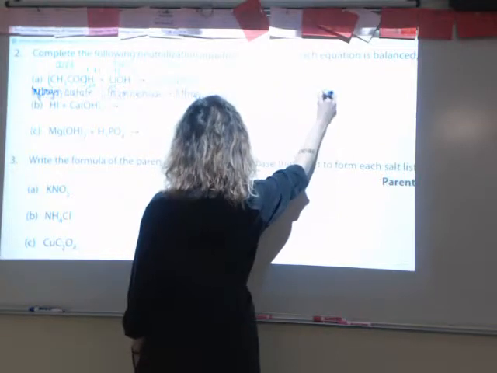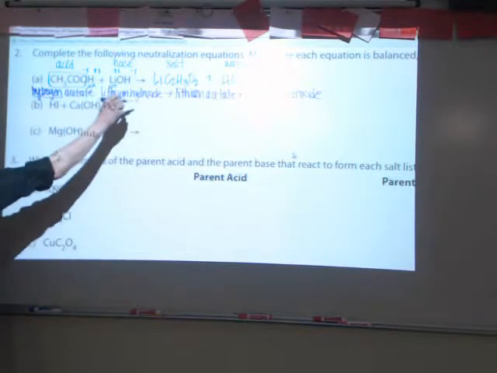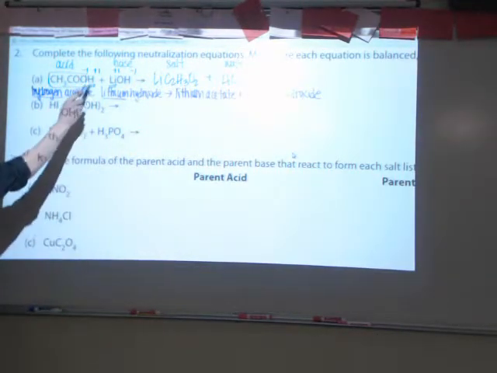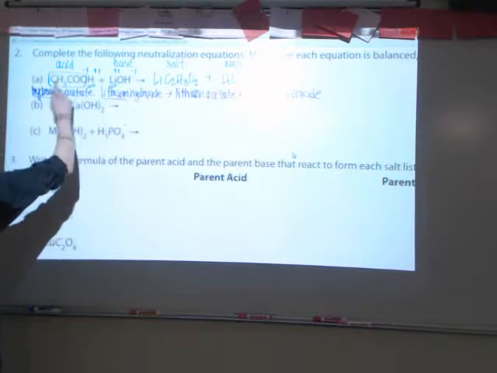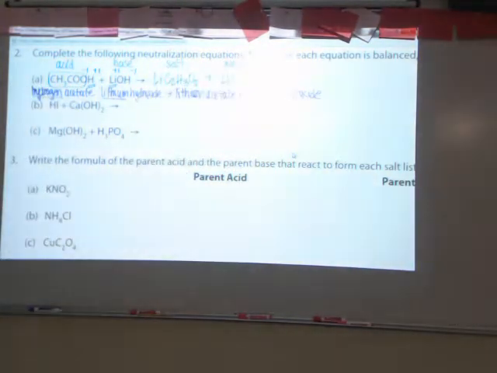They're the same thing. But the only reason I would recommend you do it in words and then convert the words to formulas is so that you don't mess up on the subscripts. Okay? Because a lot of times people look back here and they assume that whatever subscripts you have over here, you will have those identical subscripts over here.